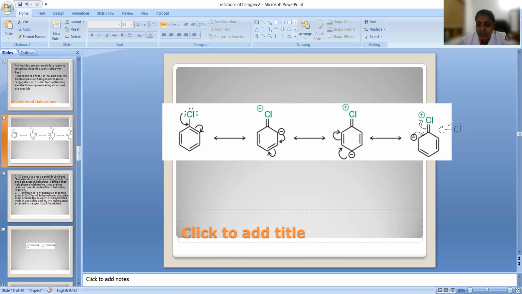So because of that, it is very difficult to break. The bond cleavage is difficult. If there is bond cleavage, then only can we undergo the nucleophilic substitution reaction, right? So because of that, there is less possibility of a nucleophilic substitution reaction.